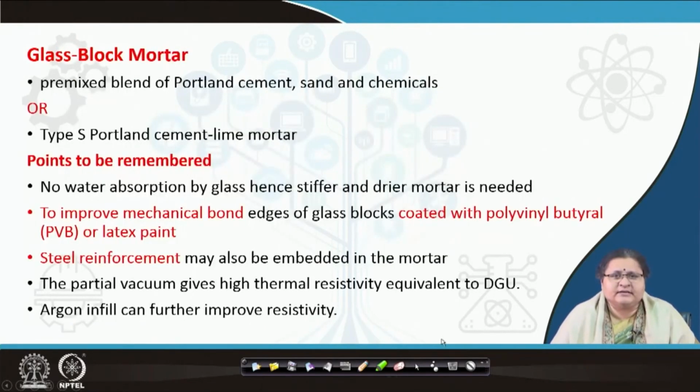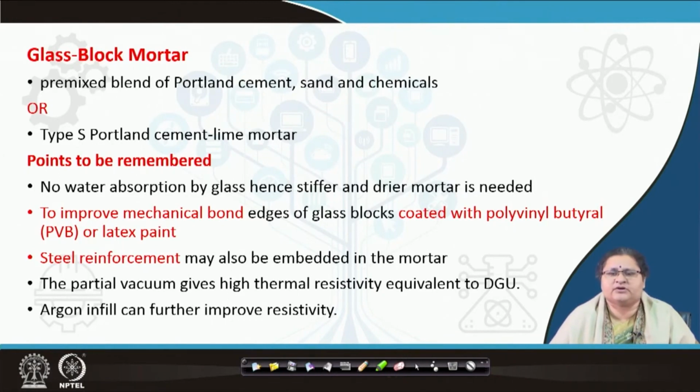So, in the glass block locking system, it is the mortar which is a pre-mixed blend of Portland cement, sand and chemicals. Here sand is very fine sand, and it may be Portland cement, lime mortar. What is important here, unlike brick, here there is no absorber for the water component.